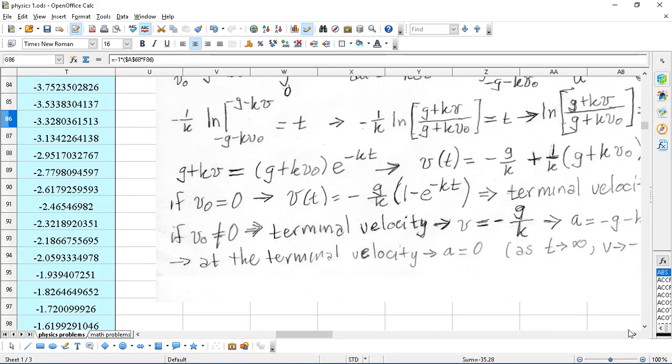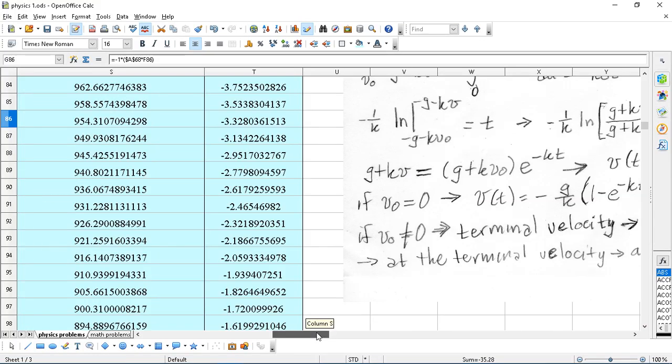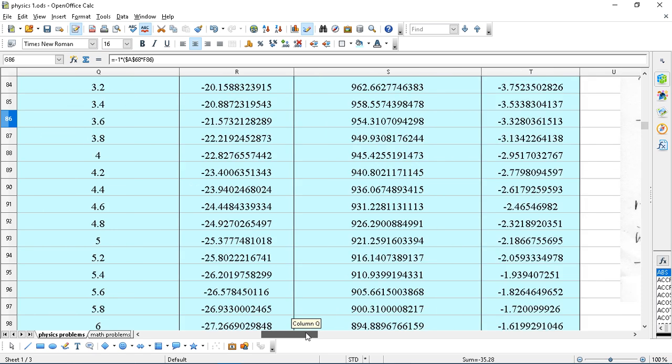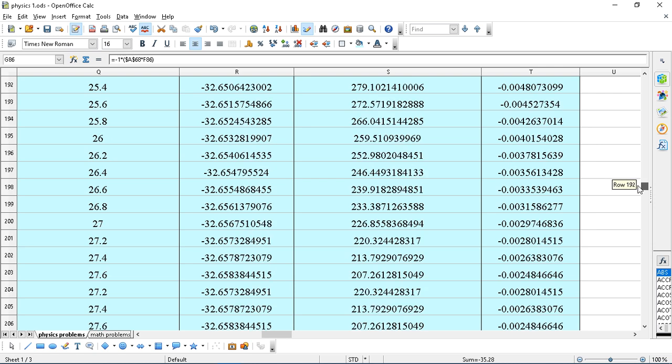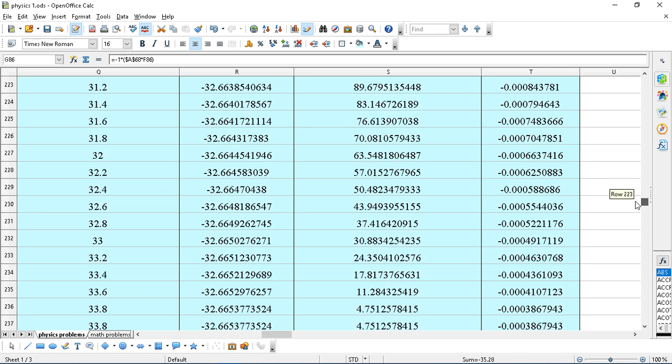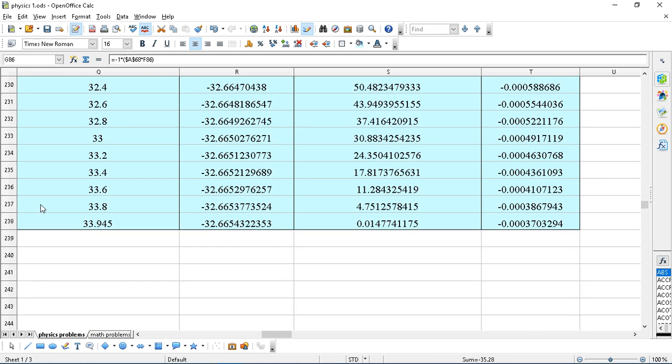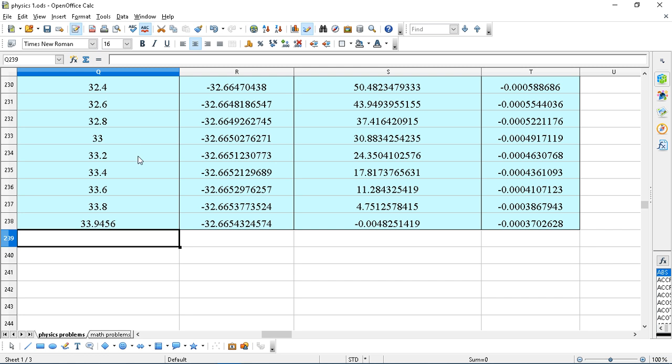The value would then correspond to more or less 33.945. Now we can approximate this better. It's too far off.